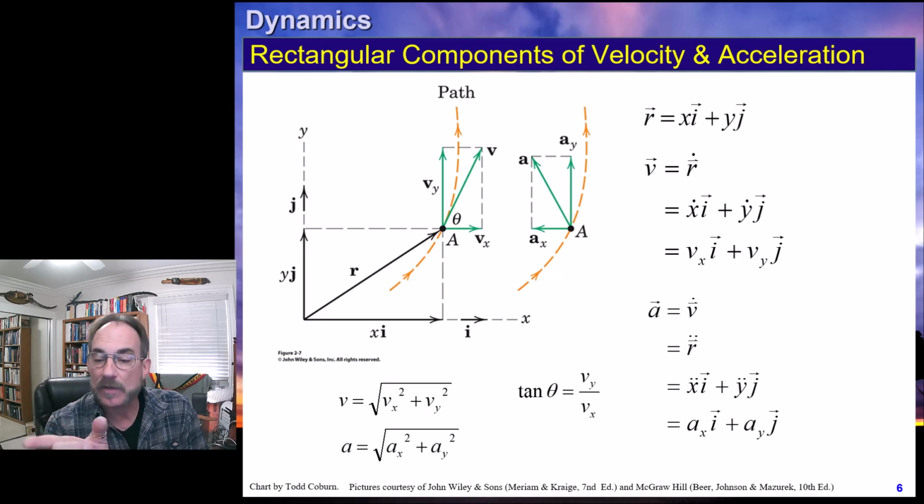We can find the direction of the path at that point by calculating the angle from a convenient horizontal. The tangent of theta is just Vy over Vx; solve that for theta, and that tells us the angle. The magnitude of the velocity is the square root of Vx squared plus Vy squared, and the magnitude of the acceleration is calculated the same way.